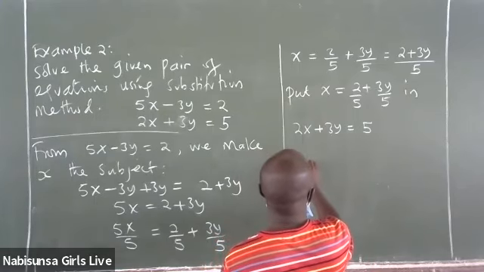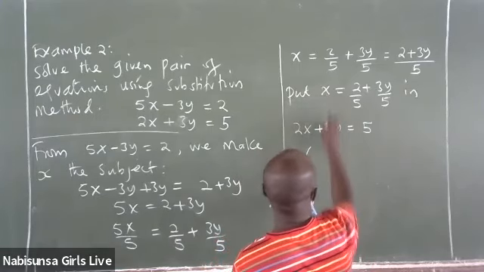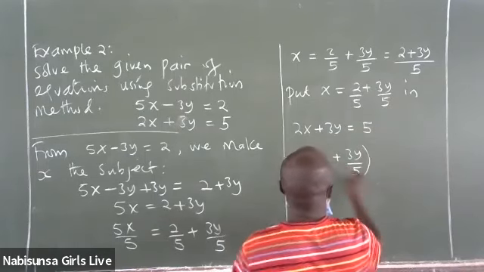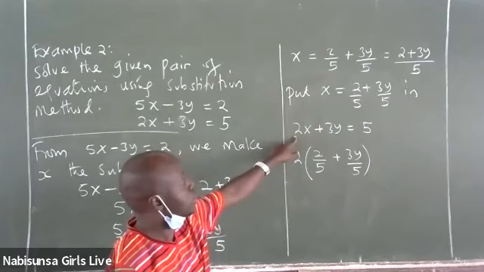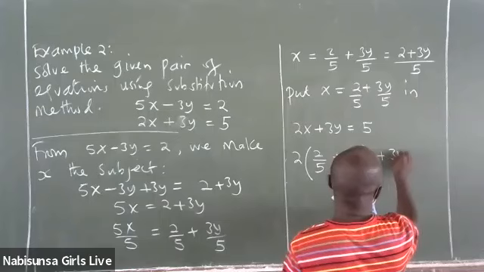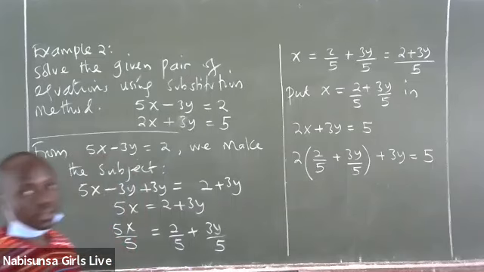So where there is x, you put this. So you have 2, but our x from here is 2 over 5 plus 3y over 5. 2 times x. Okay? Plus 3y is equal to 5. You have something like that.